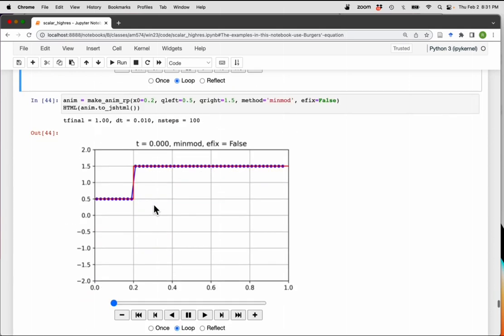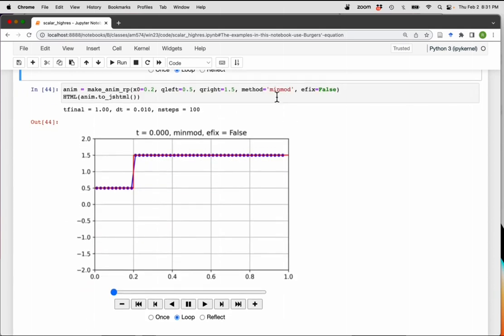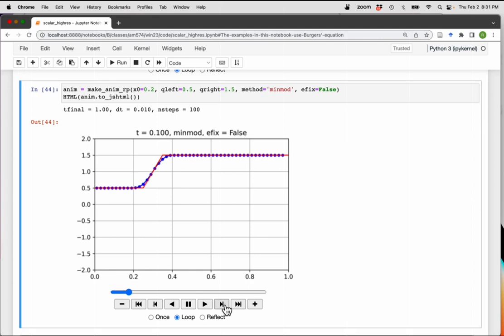But if we use something like the min-mod limiter on top of the Lax-Wendroff formulation, so apply that to limit each wave based on the wave in the upwind direction, then we get a solution that looks much better. And it not only matches the true rarefaction wave pretty well, but it has better accuracy around these kinks than the upwind method did.